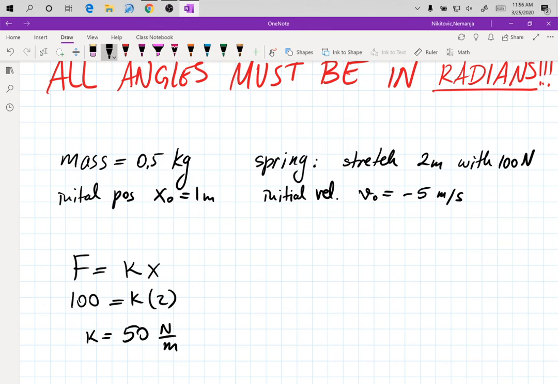So this is what we have. And then we have our mass in kilograms, so we can write our equation of mx double prime plus kx equals 0. m is 1/2, so 1/2 x double prime plus 50x equals 0. We multiply everything by 2 to get our differential equation.